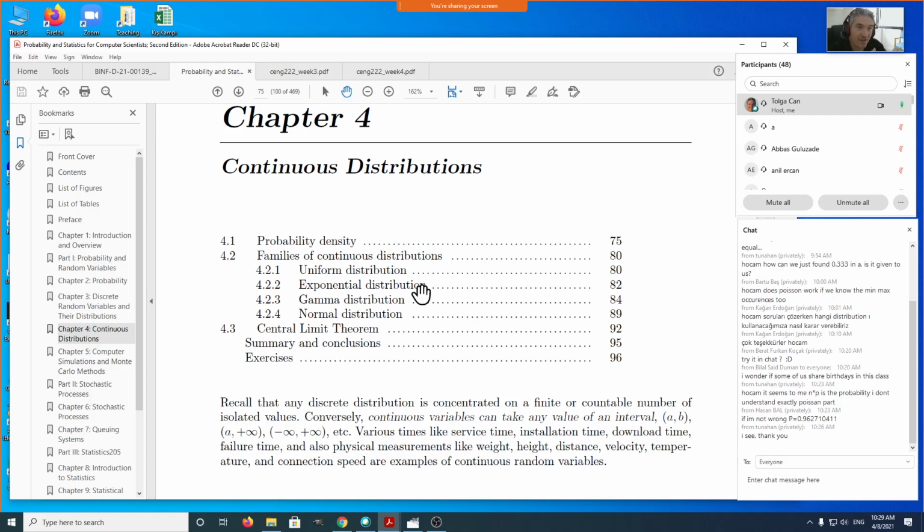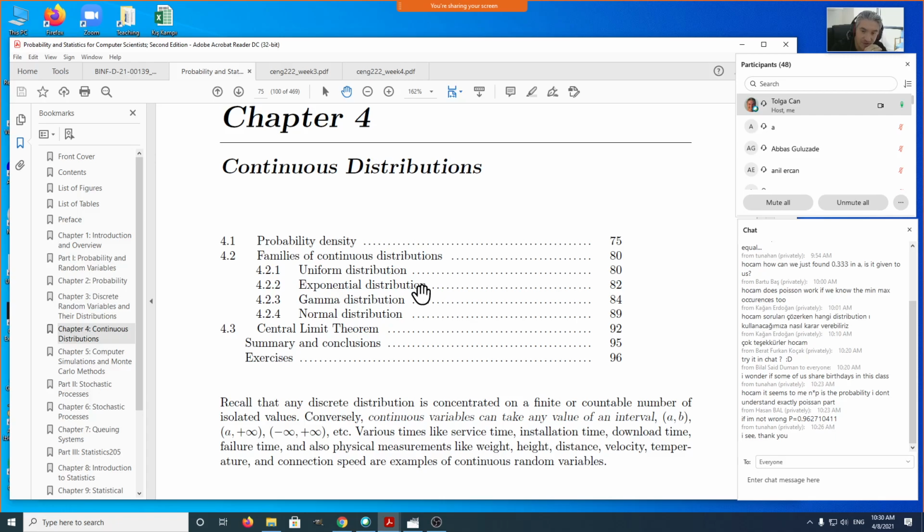So if instead of measuring the number of trials you make, you measure time, that becomes exponential. So exponential is a continuous case of geometric distribution where we're not counting trials, but we're measuring time, which can be continuous and real valued. This is what exponential distribution is.